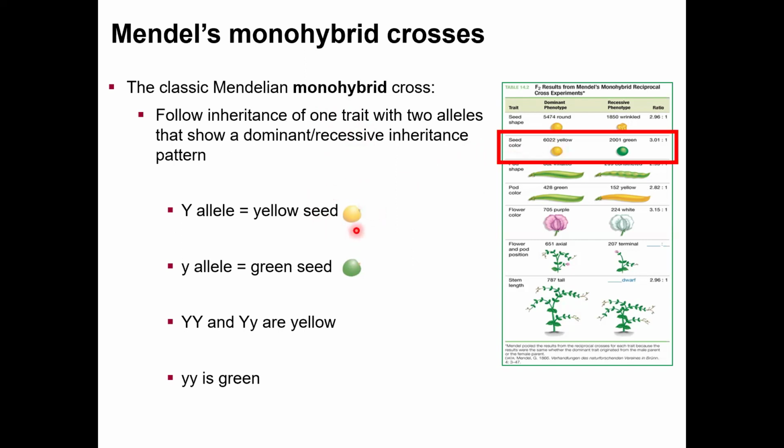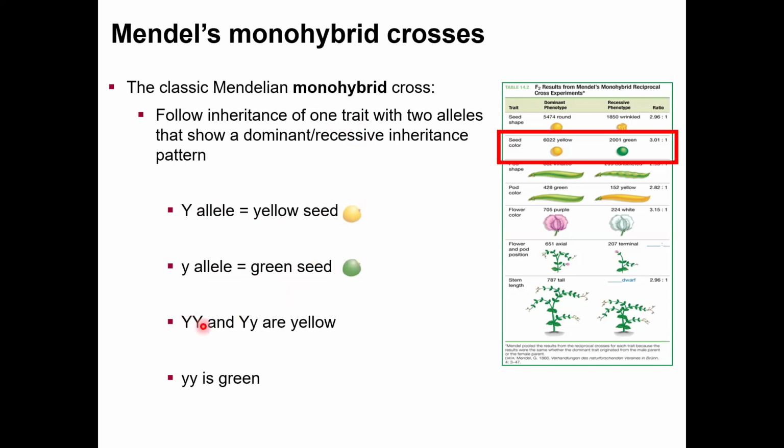The big Y allele we'll see in this talk will be for the yellow seed, and the little y would be the green seed, being a recessive.